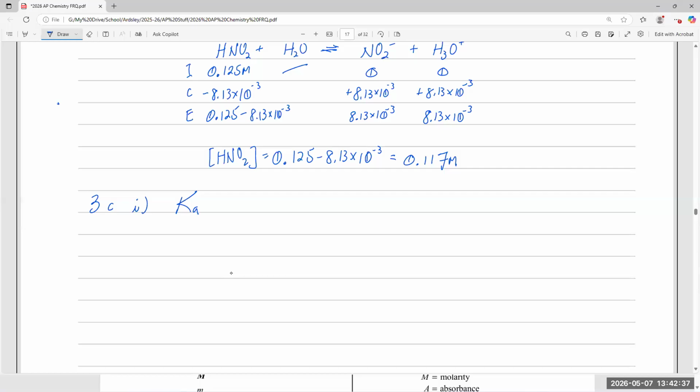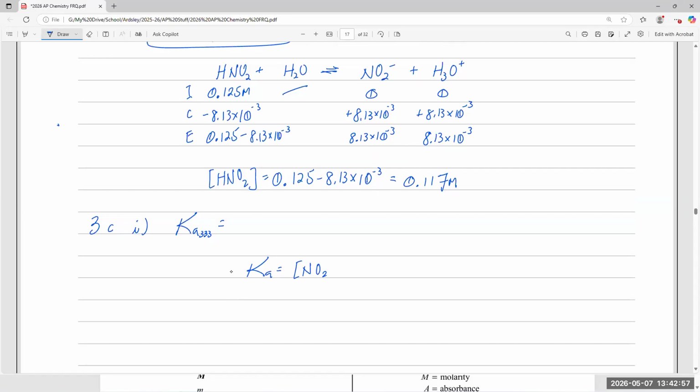So the new Ka at 333 is going to be the concentration of NO2 minus times H3O plus, all over the concentration of HNO2. I have the equation up here, right? Are we good? You guys okay? All right, so that's easy.